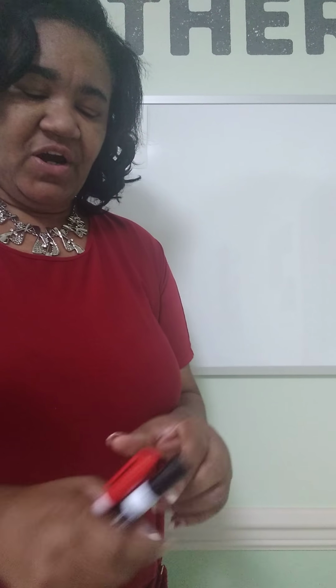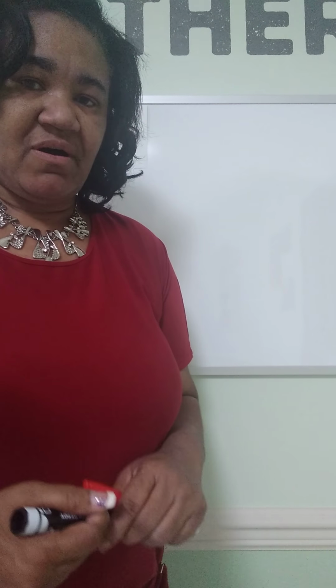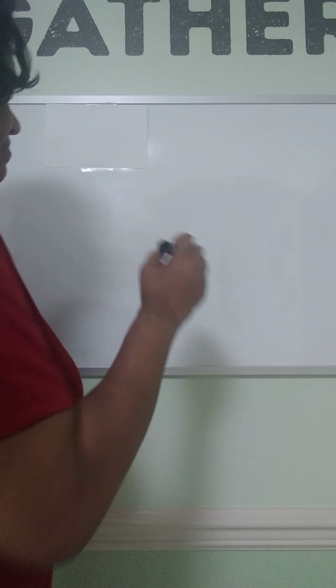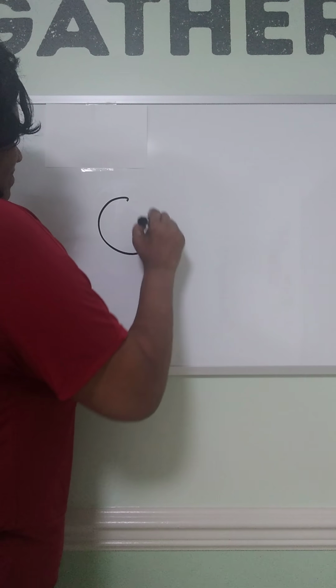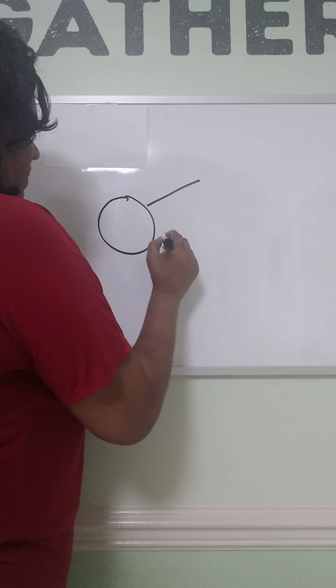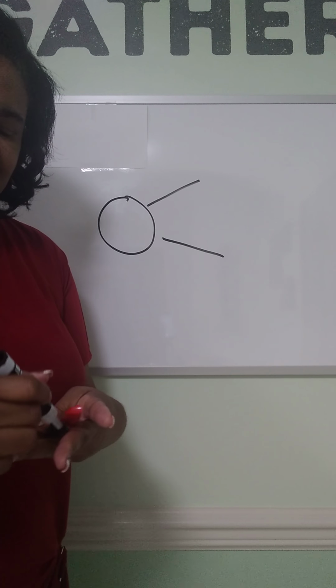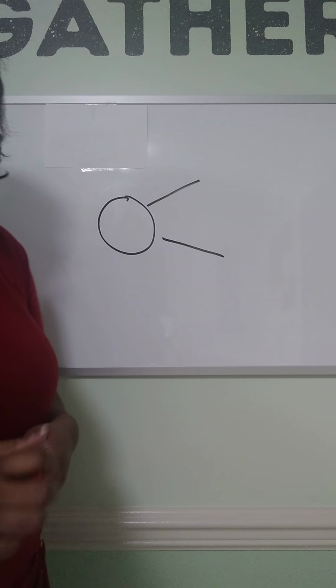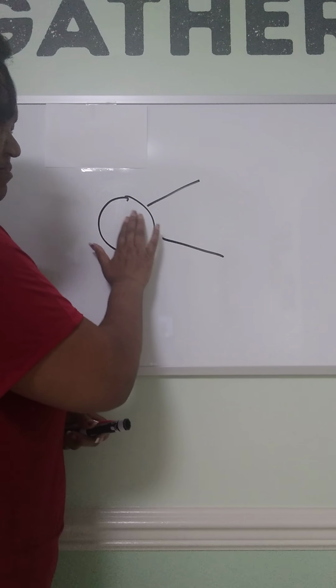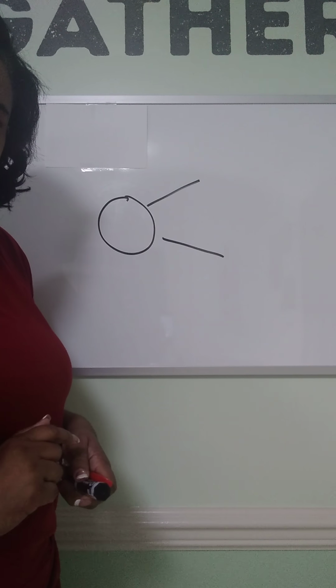Okay? First, I'm going to draw a number bond. That's what our number bond looks like. Remember, the whole number goes in the circle.